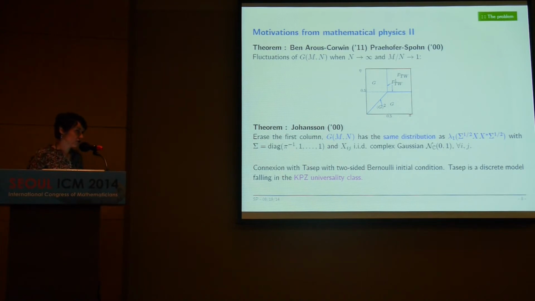Then Johansson has shown by direct computation in both ensembles that G has the same distribution as the largest eigenvalue of a sample covariance matrix, which is a Wishart matrix.